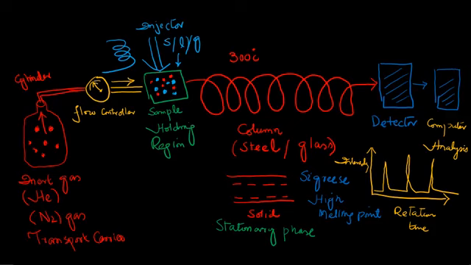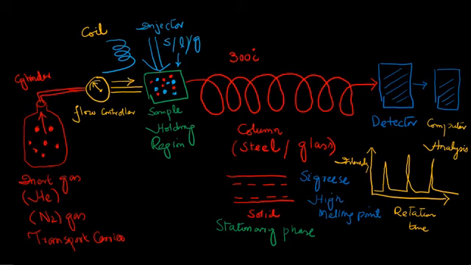So now let us discuss how we can analyze a sample using a gas chromatograph. Initially, dear student, the sample is incorporated in a sample holding region in the form of a gas. If the sample we want to analyze is a solid or liquid, then the gas chromatograph has a heating setup based on a resistive coil.